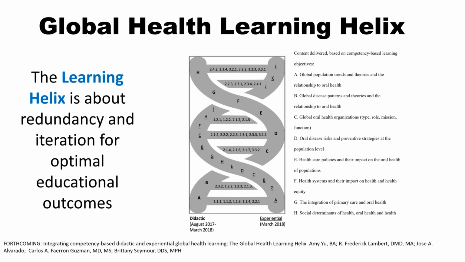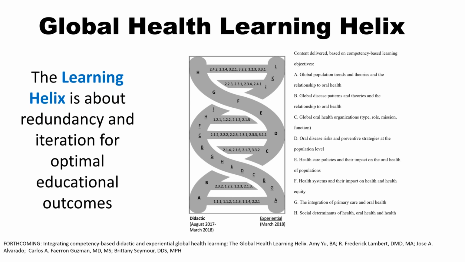The other strand would be the more class-based learning, which can be either the Global Health Starter Kit or the class that Dr. Seymour developed in HSDM. The numbers that you see connecting the two strands are the actual competencies. So the idea is that through these not necessarily simultaneous learning environments, we get to reinforce the different competencies.